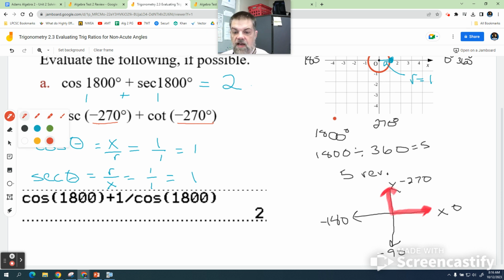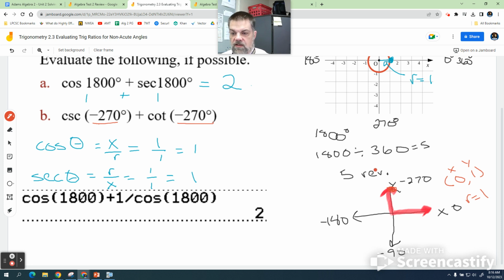So now to do the calculations, our point is right here. So what is that XY value? Well, the X value is 0 and my Y value is 1. Right? So X equals 0, Y equals 1. And my R value on the unit circle is always going to be 1.